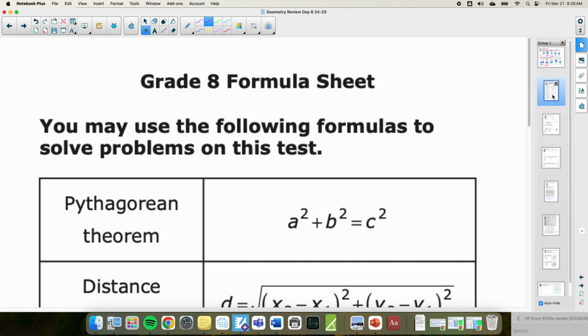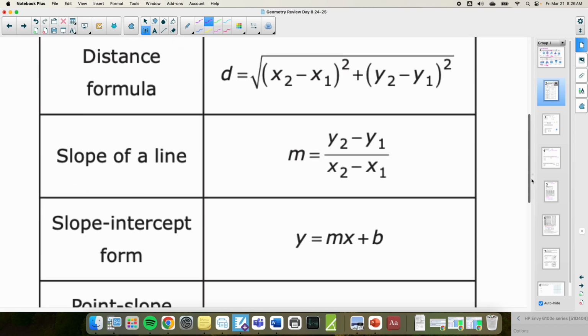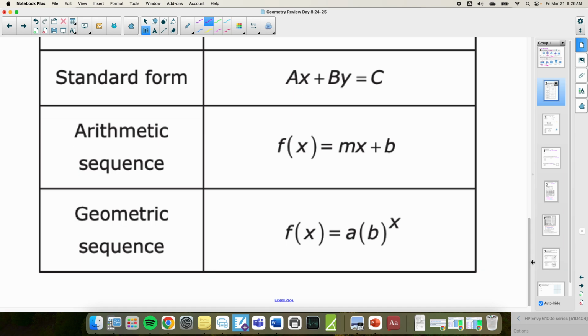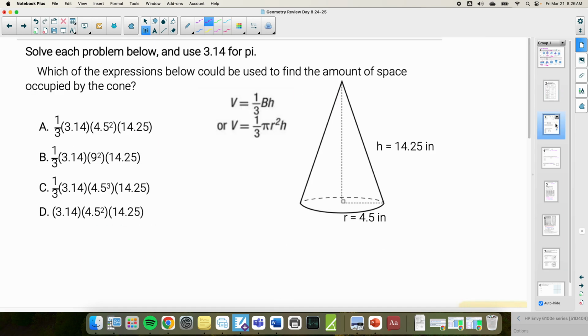So I already showed you this. These are the formulas you get on the test, and there's nothing here for volume, but there's a lot of questions on volume. So this one here is a cone.